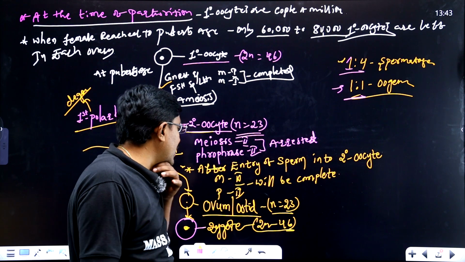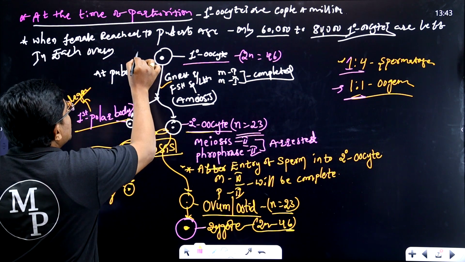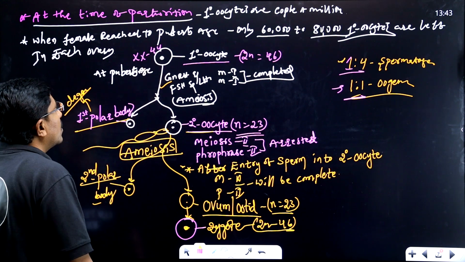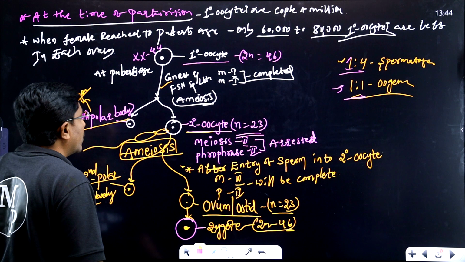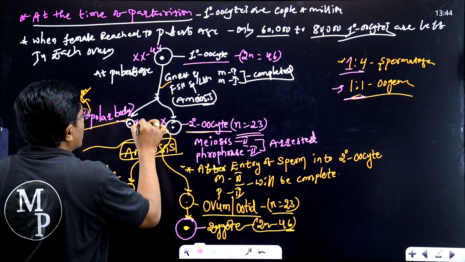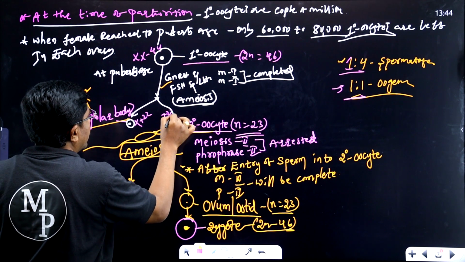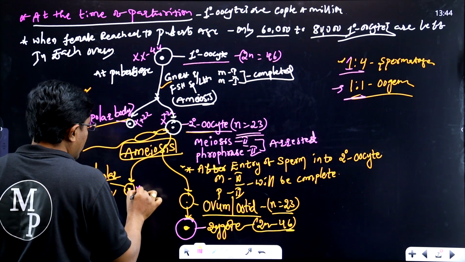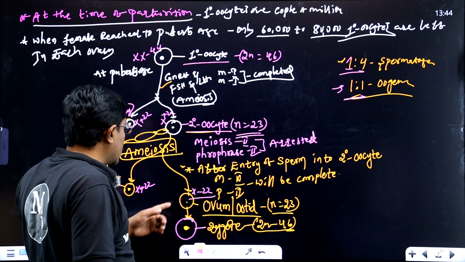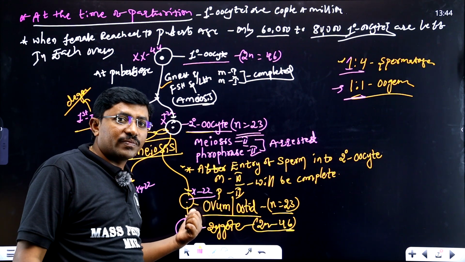For example, the zygote is in the diploid state, meaning 46 chromosomes: 44 plus 2 X chromosomes. Each ovum has 22 plus X chromosome. So a single ovum has one X chromosome.